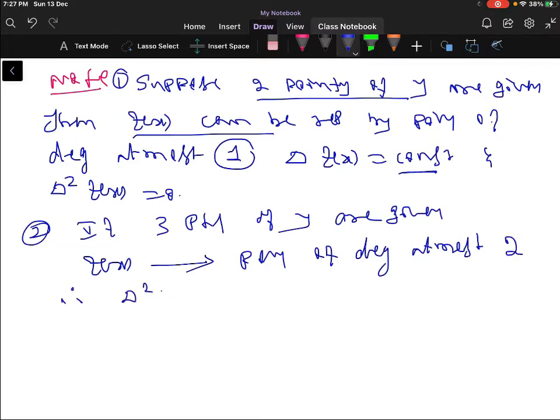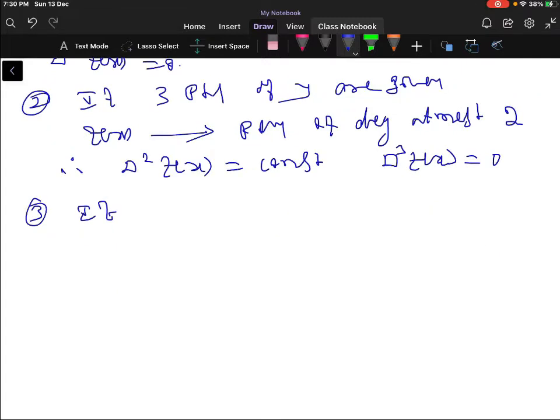Therefore, delta square of f of x is equal to constant by using the theorem, and delta cube of f of x is 0.